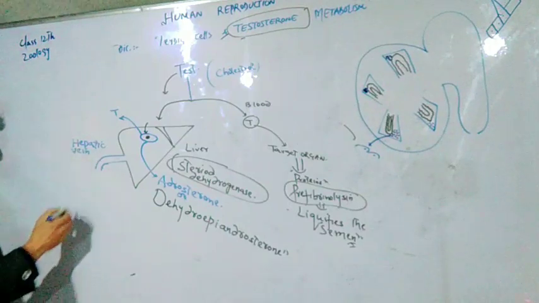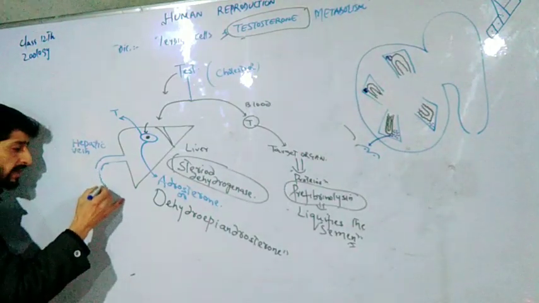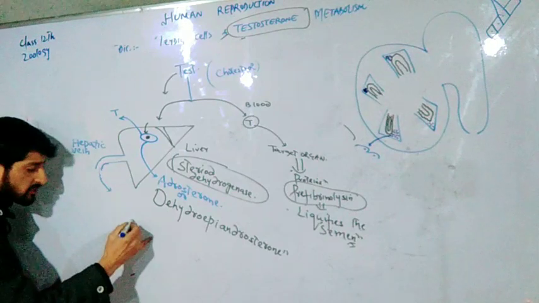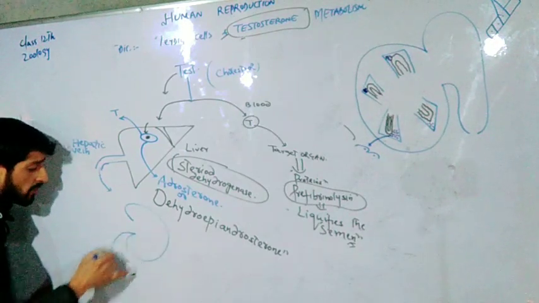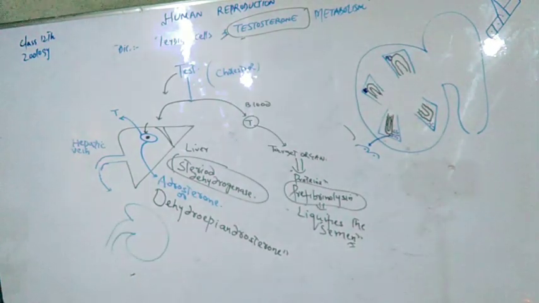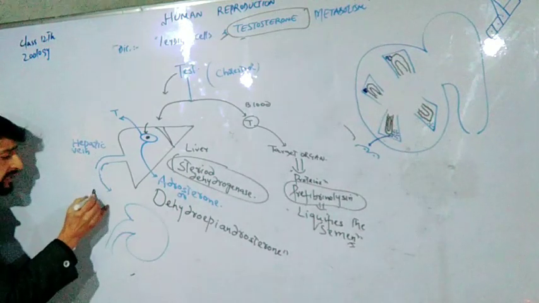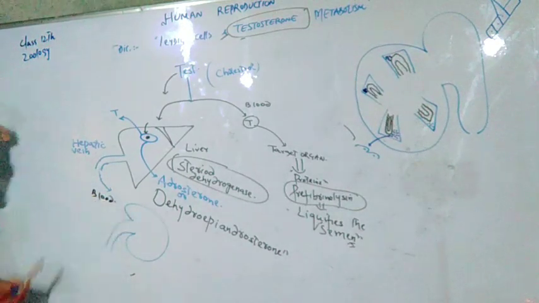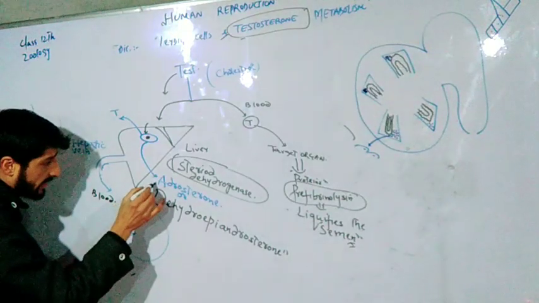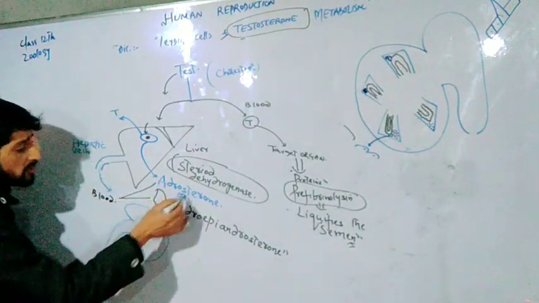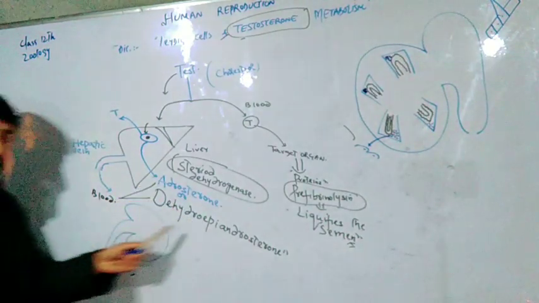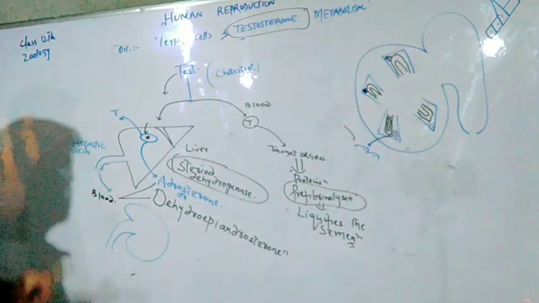takes the blood away, and finally a stage will reach when this blood will reach the kidneys for filtration purpose. And it is this blood that contains androsterone and dehydroepiandrosterone. These are the byproducts of testosterone metabolism.